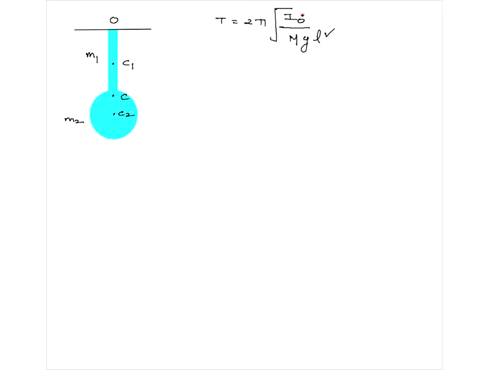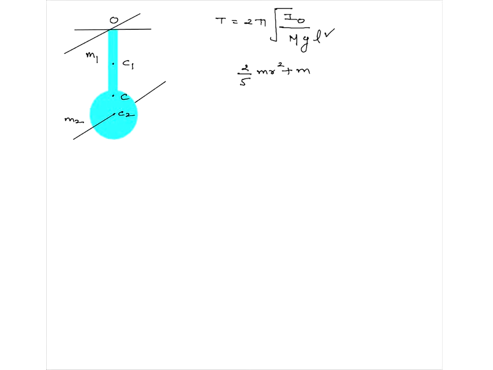So what is the moment of inertia of this system about O? Well, moment of inertia simply adds for different bodies. For this ball, you would use the parallel axis theorem about O. So you would say 2/5 m r square plus m times how much distance square?